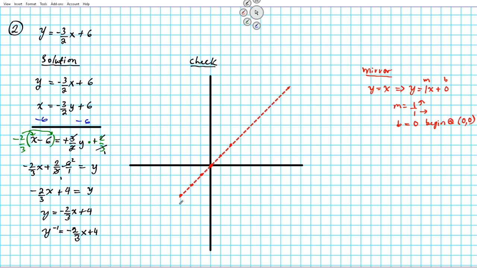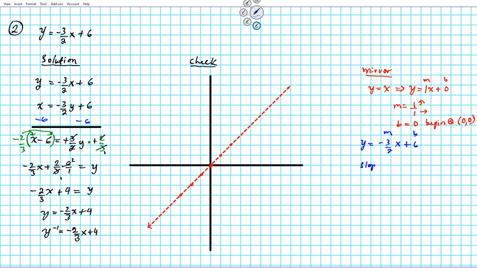Okay, and then let's graph the two functions. The first one that we have, let's put that in blue, is y equals negative 3 over 2 x plus 6. So m is the slope, b is the y-intercept.